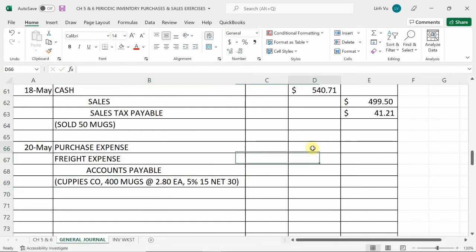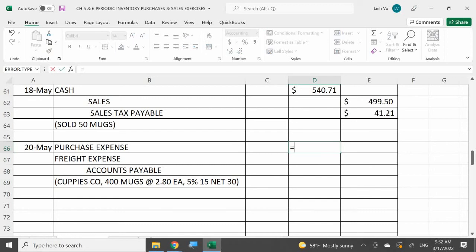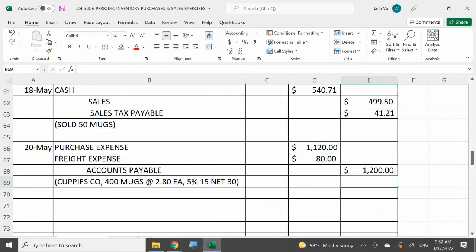So what is my total purchase expense here if I purchase 400 mugs at $2.80 each? $1,120. $1,120 plus $80 worth of freight gives me a grand total of $1,200.